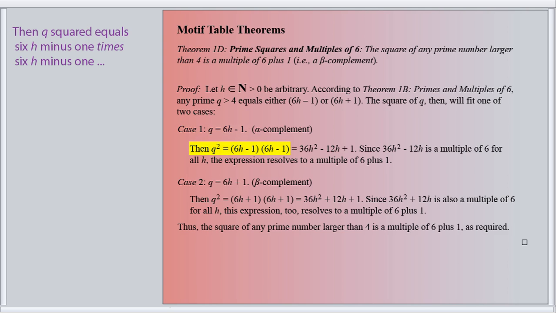Then q squared equals 6h minus 1 times 6h minus 1 equals 36h squared minus 12h plus 1. Since 36h squared minus 12h is a multiple of 6 for all h, the expression resolves to a multiple of 6 plus 1. Case 2, q equals 6h plus 1. This expression too resolves to a multiple of 6 plus 1. Thus the square of any prime number larger than 4 is a multiple of 6 plus 1 as required.